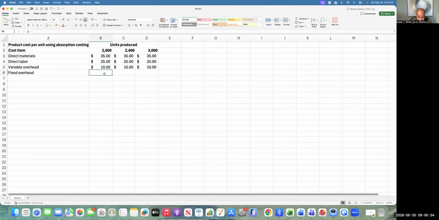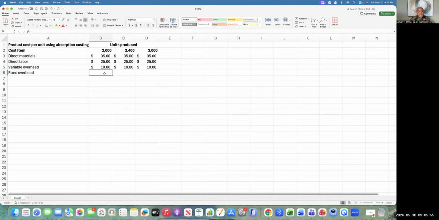Now the fixed overhead is where it gets tricky. So my fixed overhead, it's fixed. It doesn't matter how many units I produce. When I produce 2,000 units, it's $48,000 per year. When I produce 2,400 units, it's $48,000 per year. When I produce 3,000 units, it's $48,000 per year.